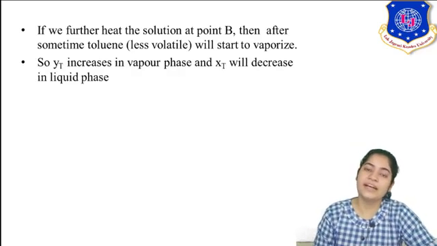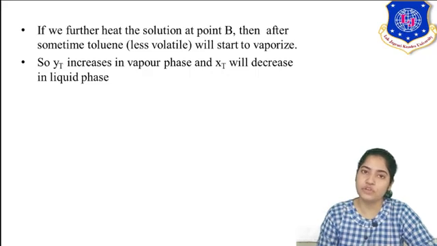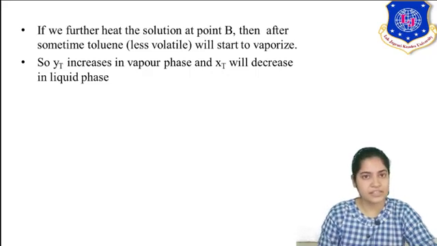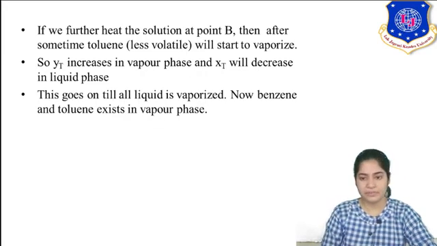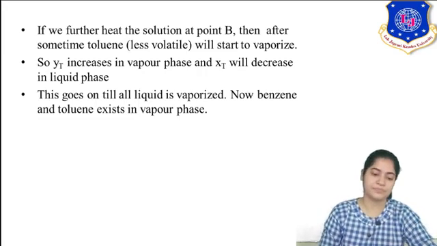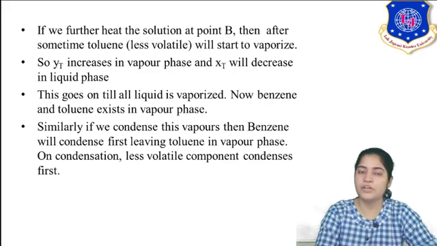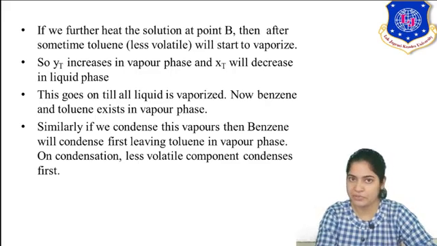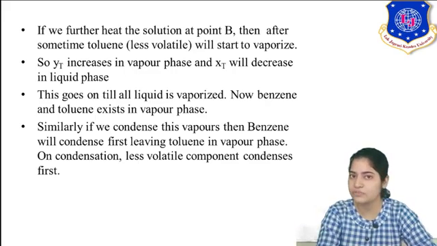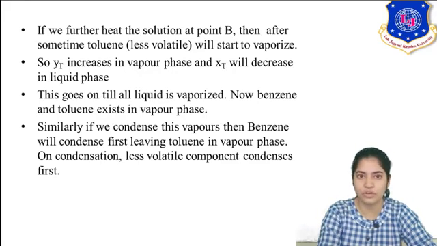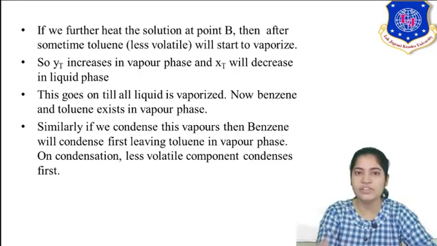So I can say that now in my vapor phase the concentration of toluene is increasing and the concentration of toluene in liquid is decreasing. Now this goes on till all the liquid is vaporized. So now benzene and toluene exist in vapor phase. So that was about converting liquid into the vapor phase: how initially the more volatile component vaporizes, followed by the less volatile component, which was toluene. So this way the process goes on.